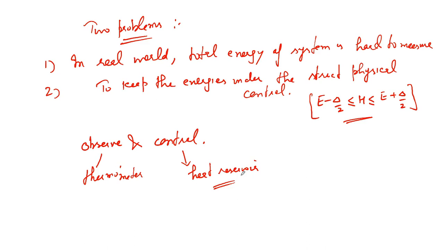So if the heat reservoir consists of an infinitely large number of mental copies of the given system, then it is an ensemble in which the macro state of the system is defined through the parameters N, V and T. So those infinitely large number of mental copies of the system, in which the macro states of the given system are defined through these three parameters, that is N, V and T, such an ensemble is known as the canonical ensemble.